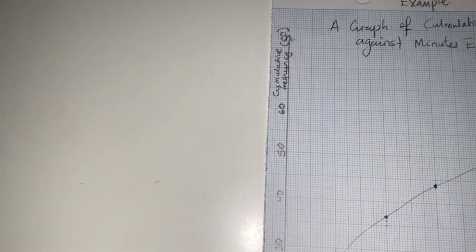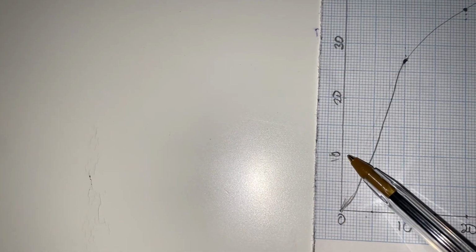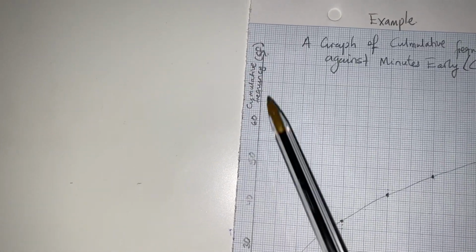So on the y-axis, this is what I got. And that is my equal scale, 0 to 10 to 20 to 30 to 40 to 50 to 60, and that's my cumulative line.